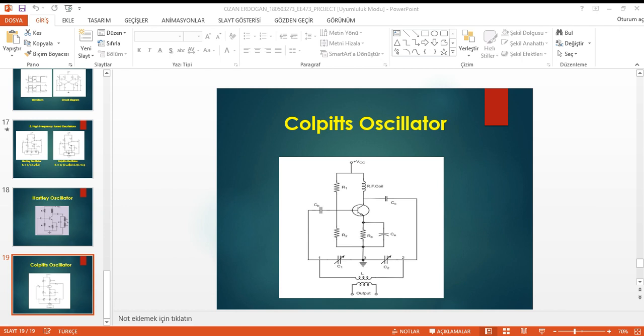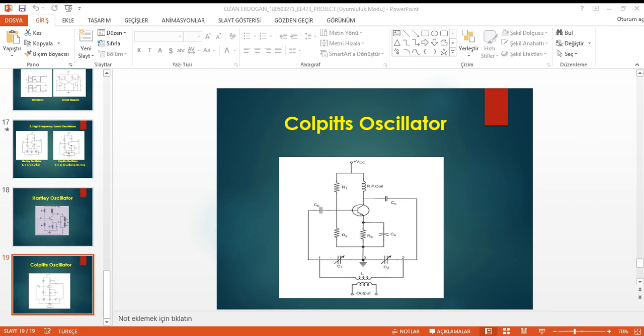The capacitor C1 has one end connected to the base via CC and the other to the emitter via CE. The voltage developed across C1 provides the regenerative feedback required for the sustained oscillations.